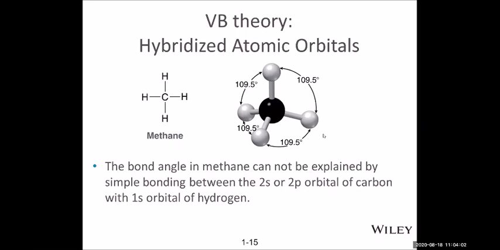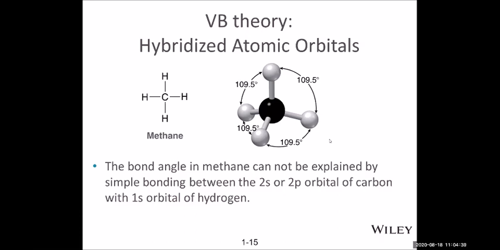For the valence bond theory, when explaining the bond angles in organic compounds, the further development is about the hybridization of atomic orbitals. This explains bond angles that do not exist in the atomic orbitals, such as s, p, or d, because you don't see the 120 degrees or 109.5 degrees bond angle among the atomic orbitals.